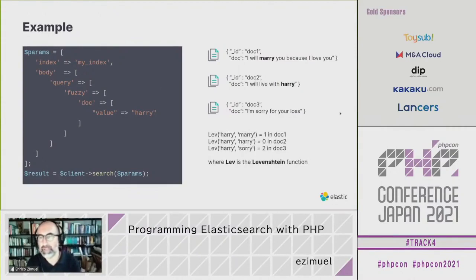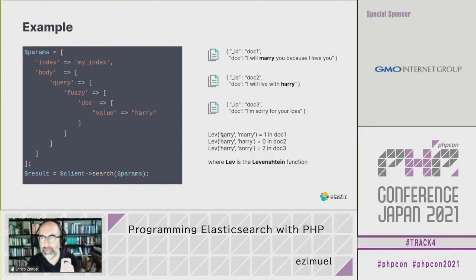If we provide this query, the results will be, from the first document, we have Harry and Mary. As you can see, the distance from Harry to Mary is just 1, because we need to change just the first character. The second is 0, because Harry is the same as Harry. So the first 2 documents, document 1 and document 2, will be in the results of the fuzzy search.